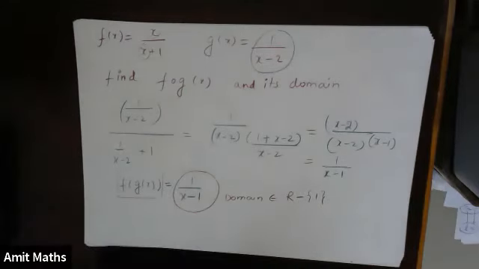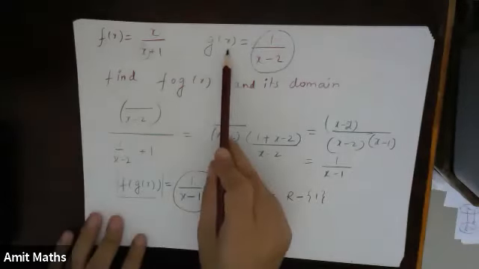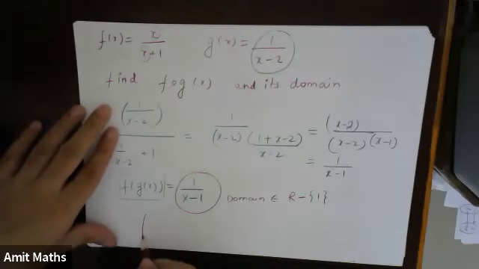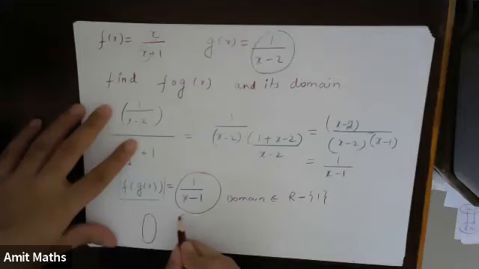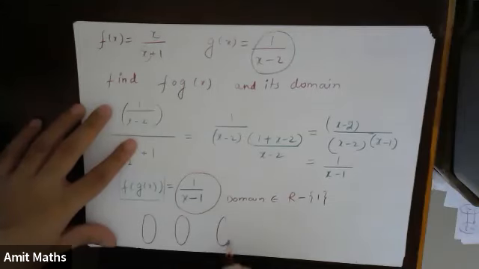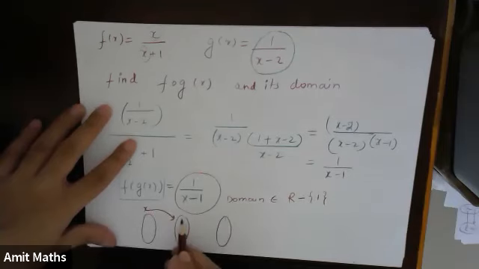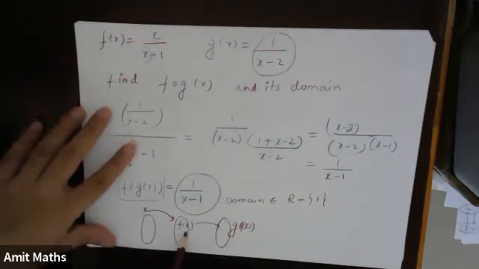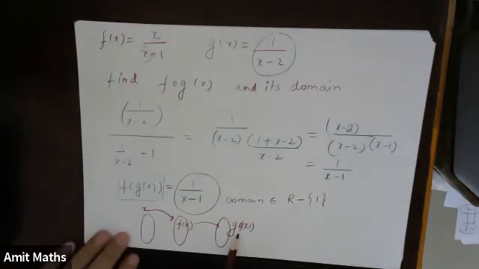But if we look at the function g of x also, this function f of g of x must be coming from something like this. x is giving you f of x, and f of x is giving you g of f of x.